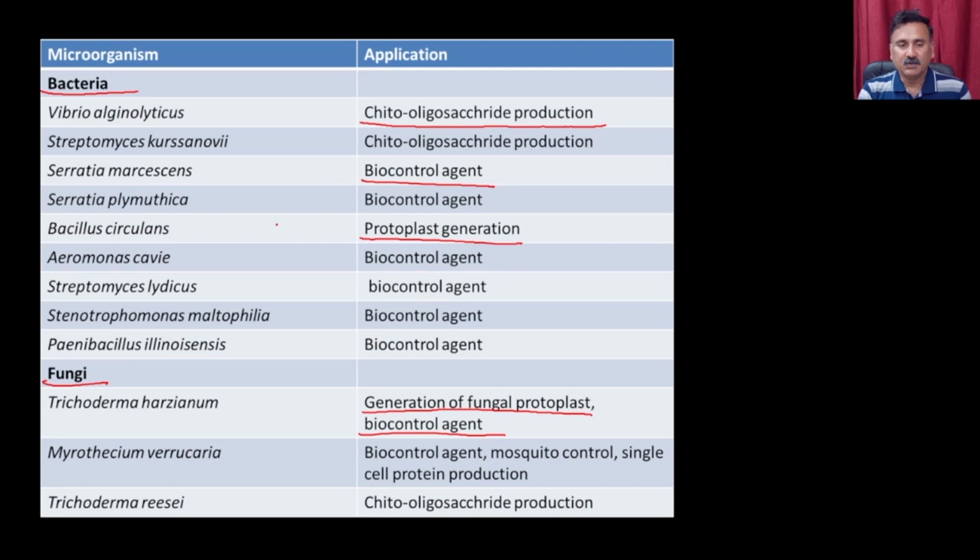So if you use the chitinase from these organisms, they are going to degrade the cell wall, and that's how they are going to produce the protoplast. They have also been used as biocontrol agents, for mosquito control, single cell protein production, and chitooligosaccharide production.